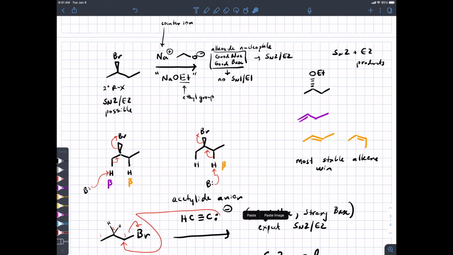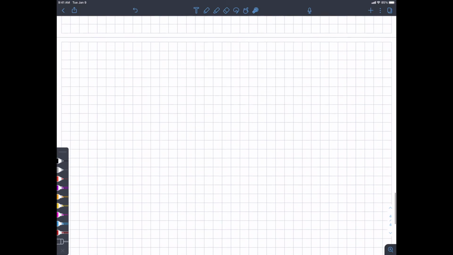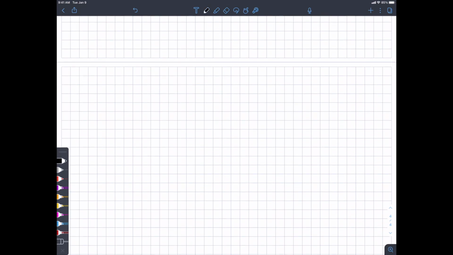So based on what we've talked about today, we have the beginnings of sort of a decision tree where we can split across the top. We can draw things that are good nucleophiles and good bases. We can draw things that are weak nucleophiles and bases.